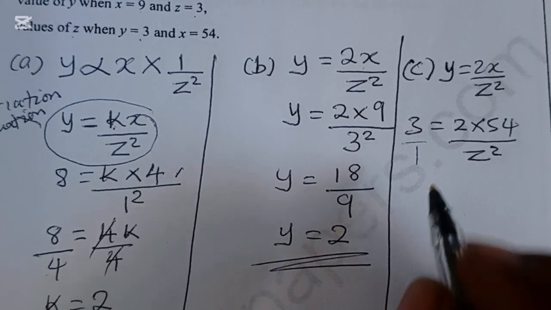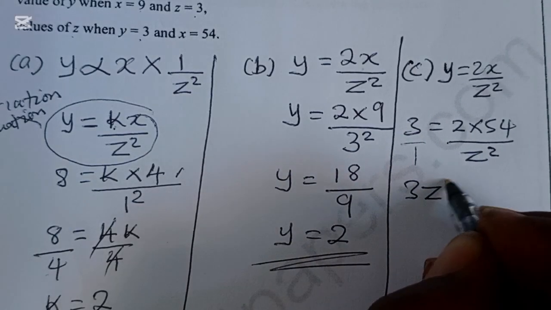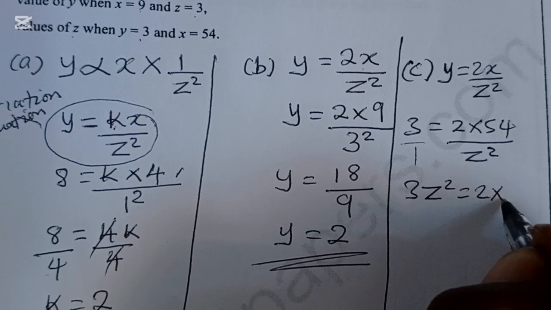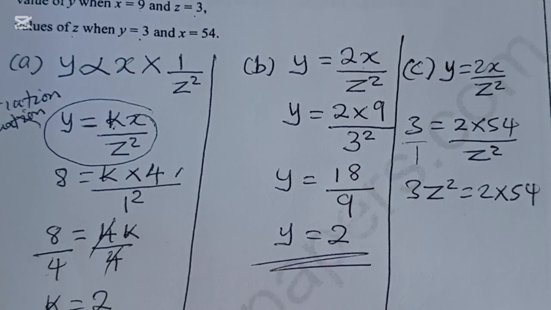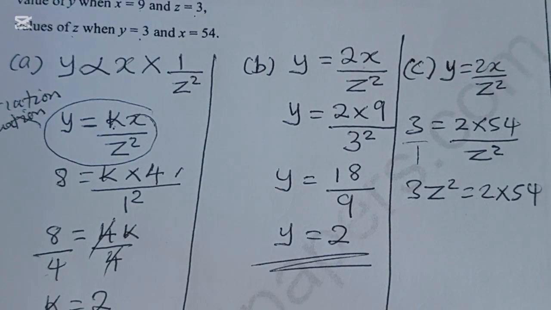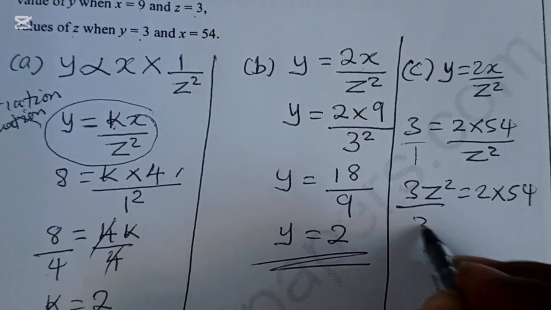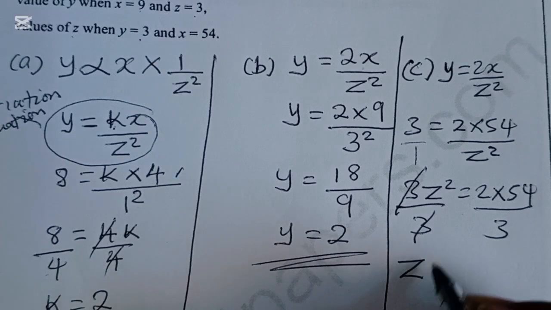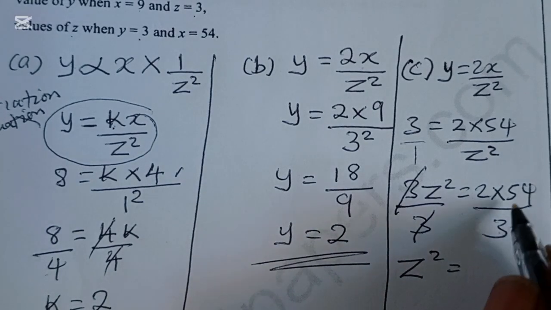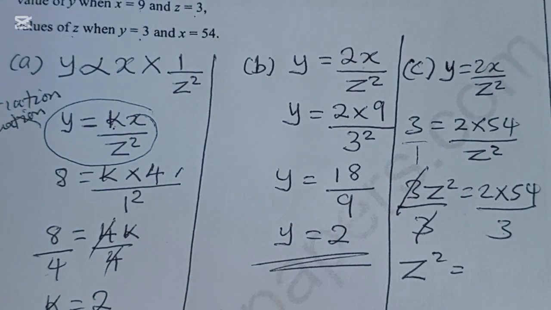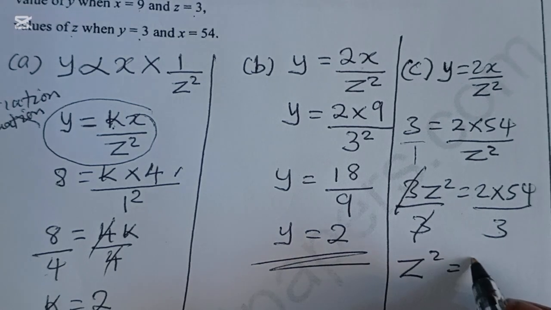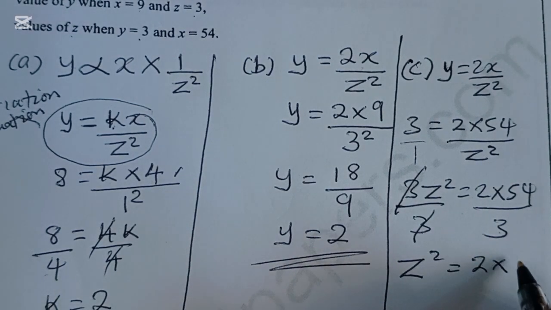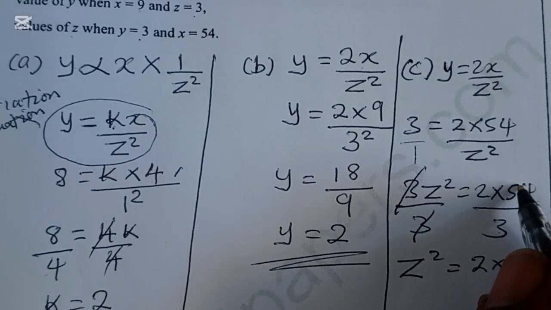So 3 times z squared, it is 3 z squared, is equal to 2 times 54. Remember that this is paper 1, so you don't need to use a calculator. So I'll say over 3 over 3, 3 goes. So z squared is equal to, 3 can go into 54: 3 into 5, it is 1, remainder 2.